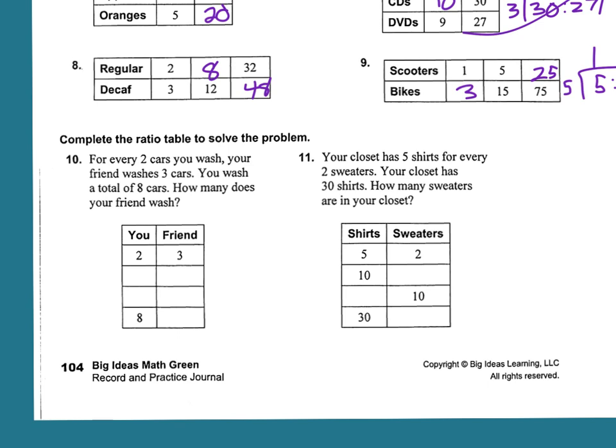You can fill in this whole table if you want to. Or you can look at this relationship thing that I've been talking about and go, okay, how did this 2 turn into an 8? Well, I times it by 4. So take this 3 and times it by 4, and it'll give me 12. And there you go. That's how many car washes that your friend did, is 12.